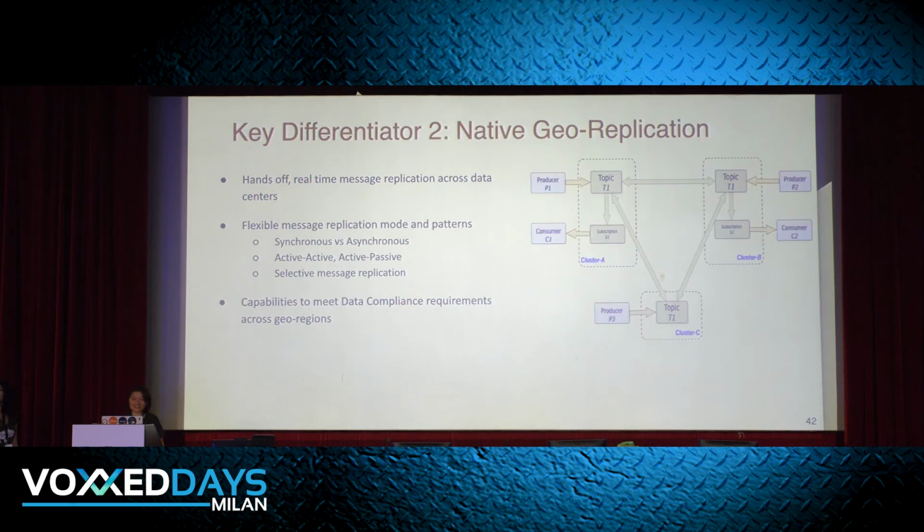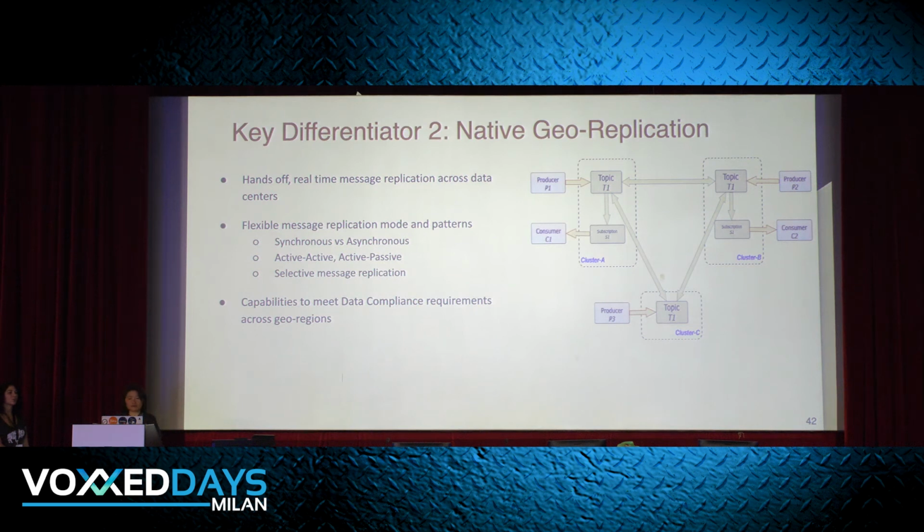The next thing about Pulsar is that it has a feature called geo-replication. Especially if you're in a large company, you have data in different data centers around the world, for example. So you need to replicate all of your data across the different regions. Sometimes there are certain data restrictions, for example, here in Europe you have GDPR, and in America it's less stringent.